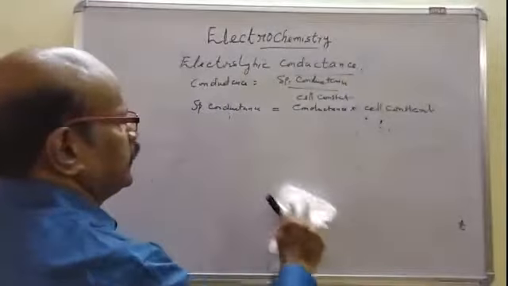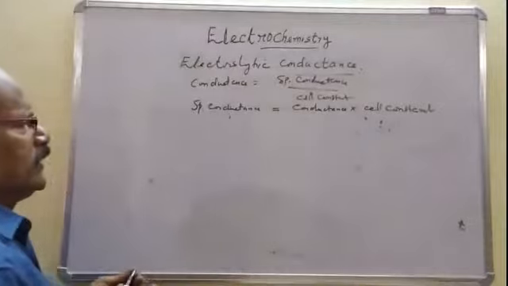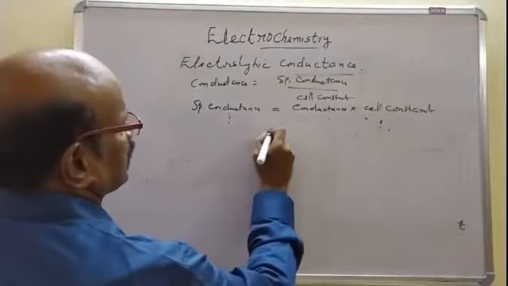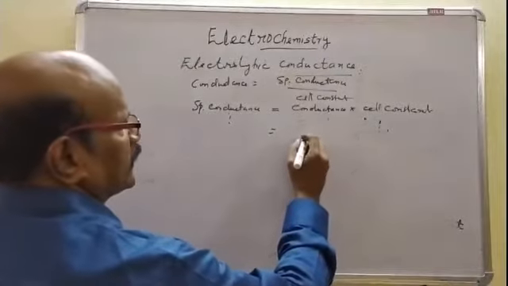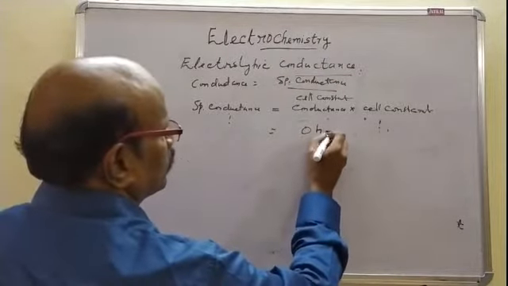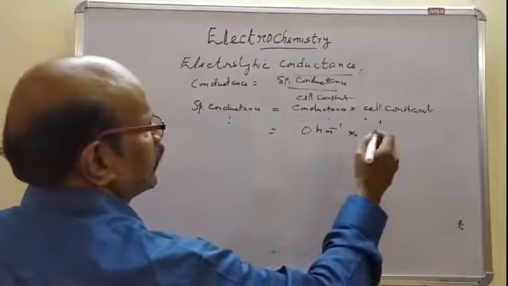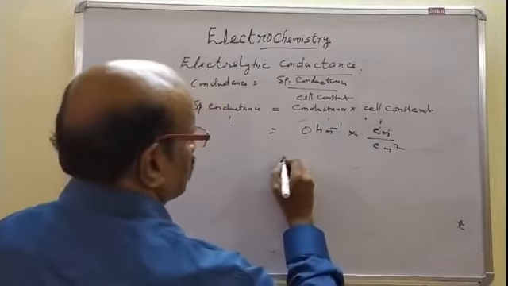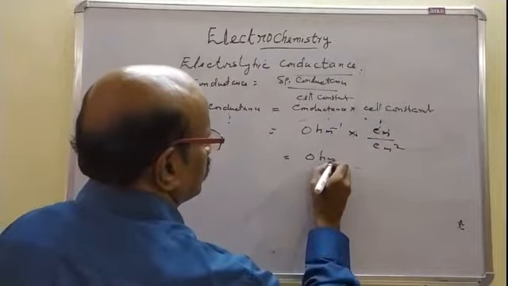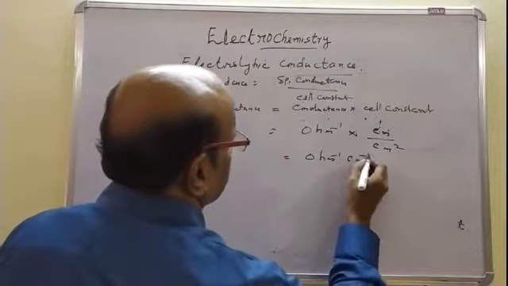Then we have to pass on to the unit of specific conductance. Specific conductance is equal to conductance into cell constant. The unit of conductance is ohm raised to -1, and the cell constant is centimeter divided by centimeter square. That is equal to ohm inverse centimeter inverse.